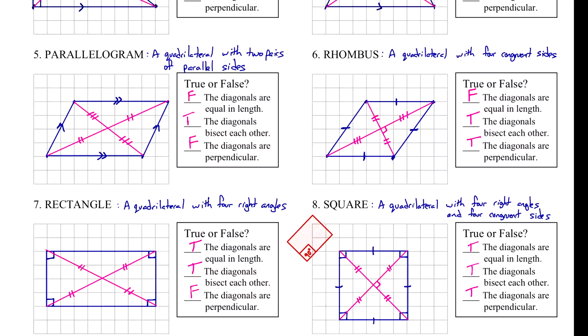So everything about the diagonals, all these 3 things: are they equal in length? Do they bisect each other? Are they perpendicular? You need to know for all 8 of these shapes. So take some time to study this, memorize it to some degree, try to find an easy way to remember all this stuff, right? Definitely as much as possible.